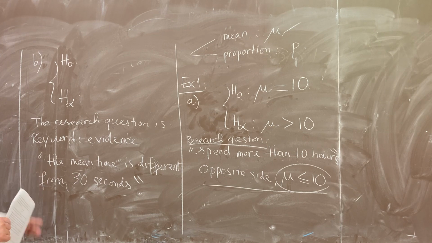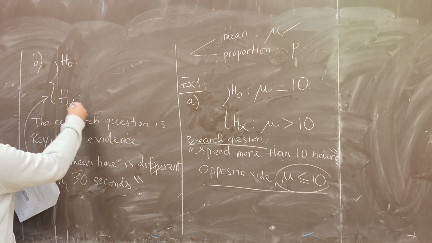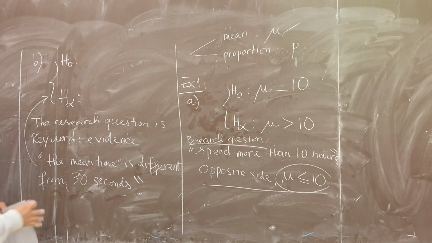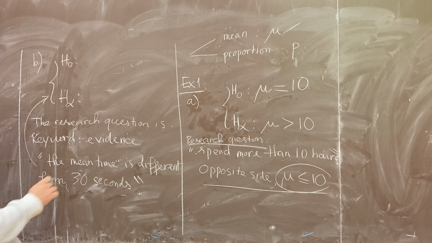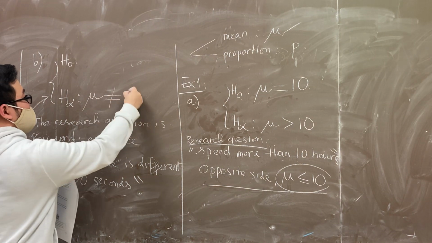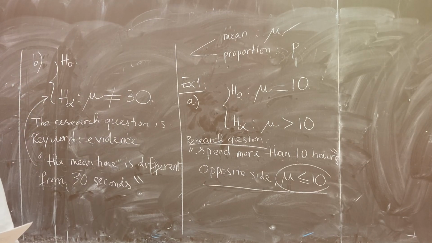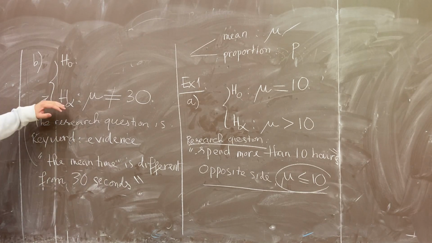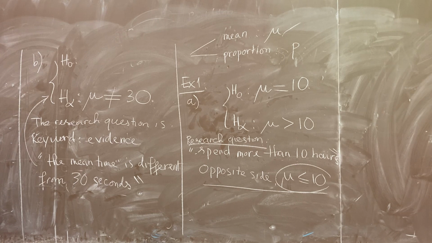And now we will have this, the alternative hypothesis. So we will translate this sentence to the mathematical statement. That means that the mean time here, mu, is different from 30. Right? Different from 30. Okay, when we have the alternative hypothesis, you can write the null hypothesis.